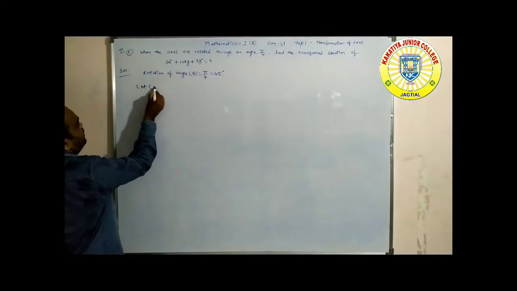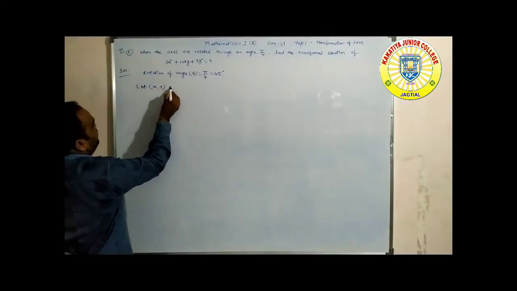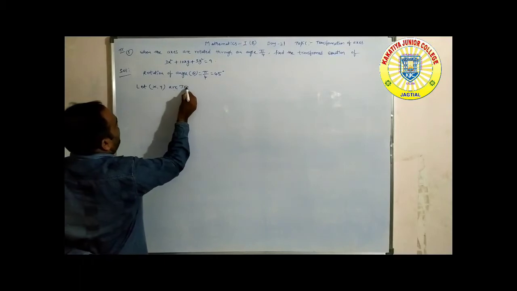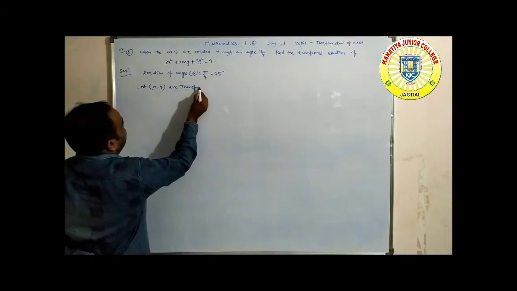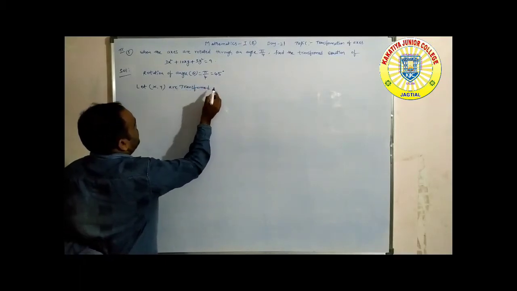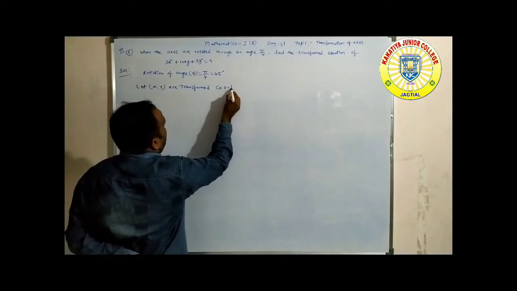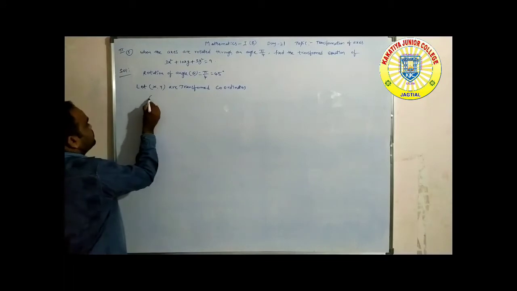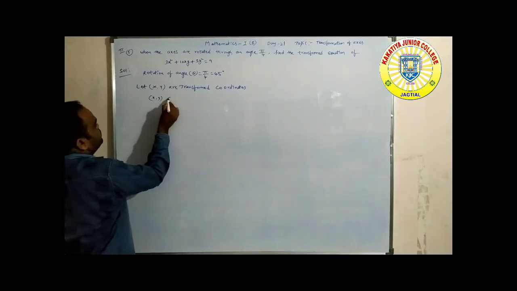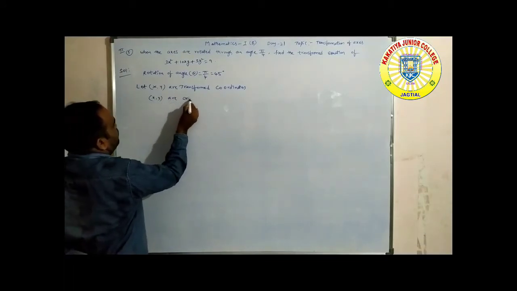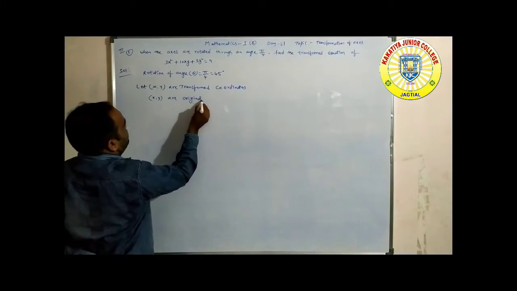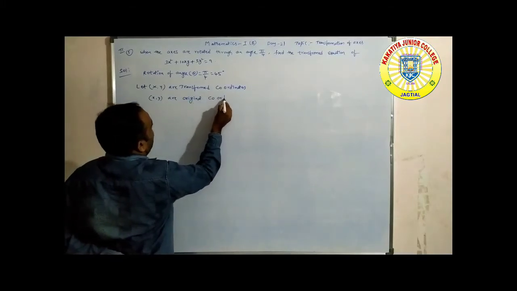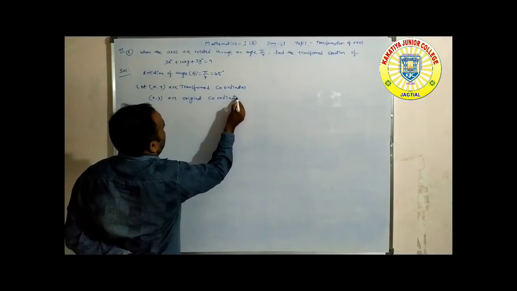Okay now? Let capital X comma capital Y are transformed coordinates. Next small x comma small y are original coordinates.